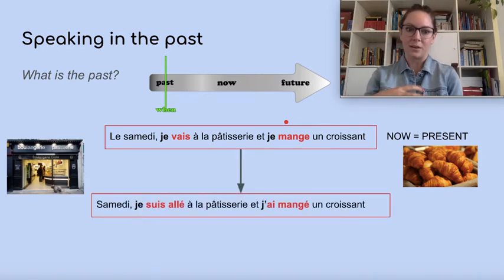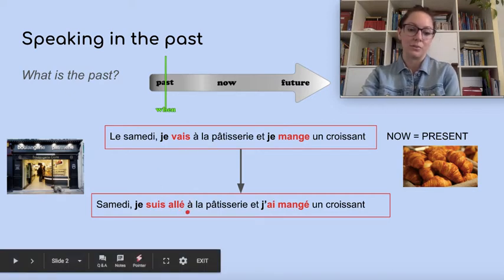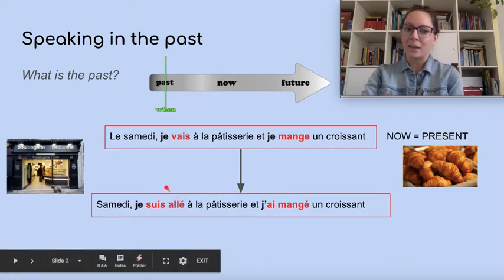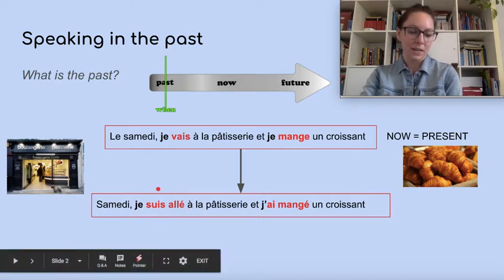So instead of saying je vais à la pâtisserie, because I've done it, and just so this is the masculine version, pretend I was a man, I would then say, all right, je suis allé, I went. I go in the present, I went in the past.